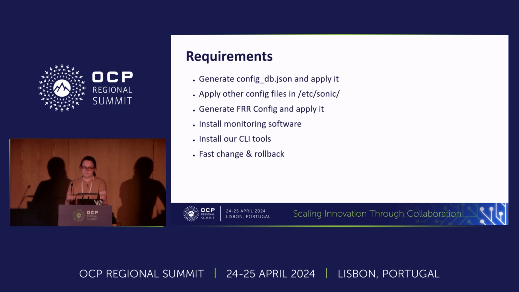And what do we need? We need 4 crucial things. The first one is to generate and apply config.db. Second is to generate and apply FRR config. Third is installing some custom software that we want, like monitoring, collecting logs, Monsoon we use, for example, and our CLI tools.